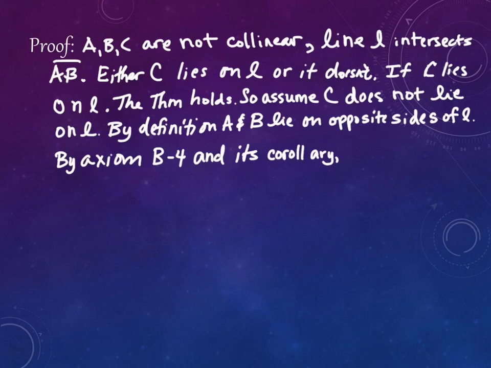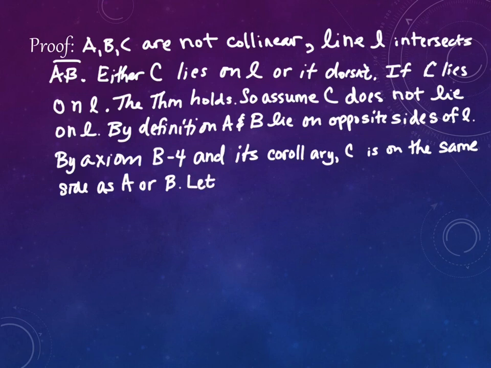So by Axiom B4 and its corollary, C is on the same side as A or B. Not both, but one or the other. So we're going to just let it be on one of them.